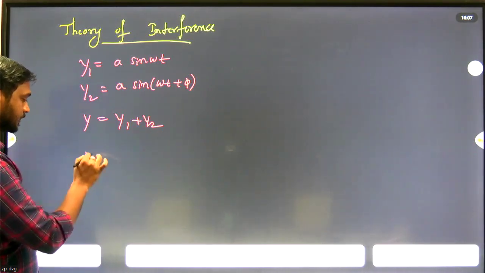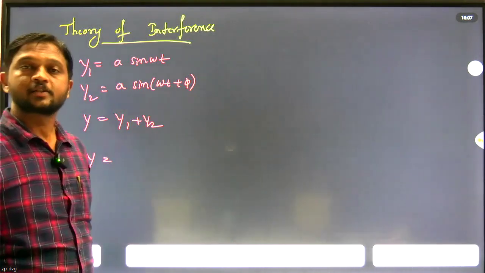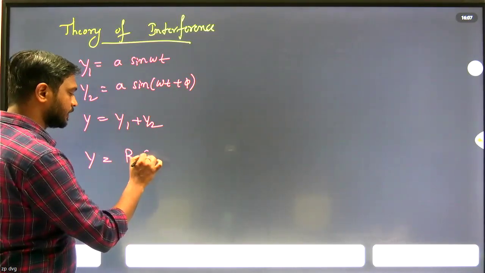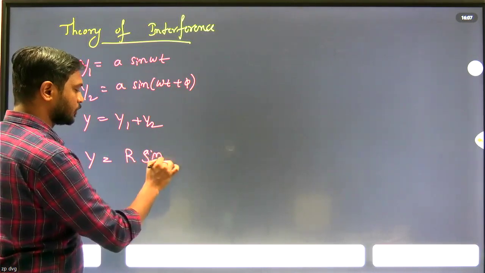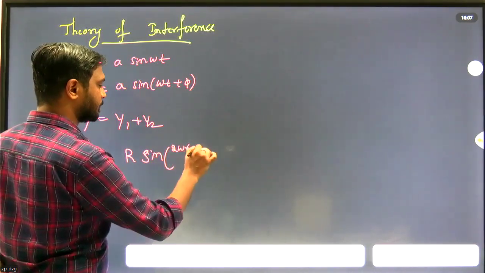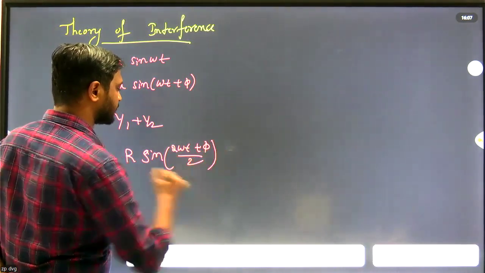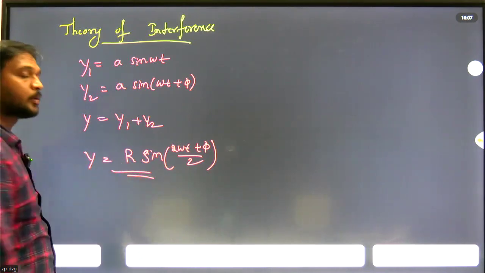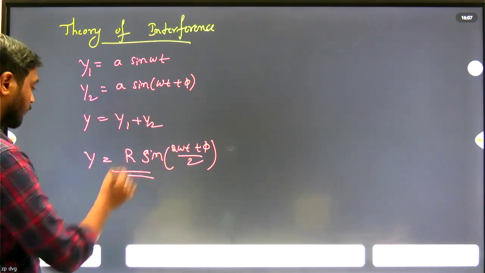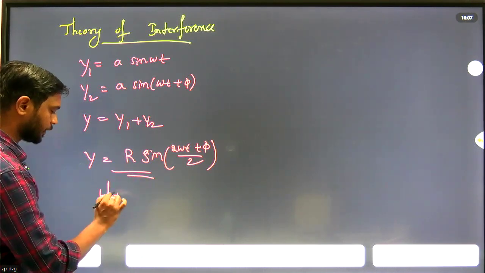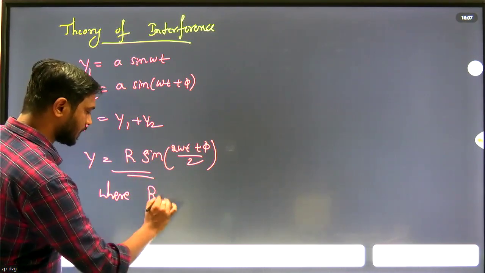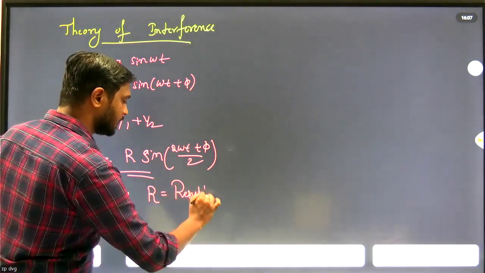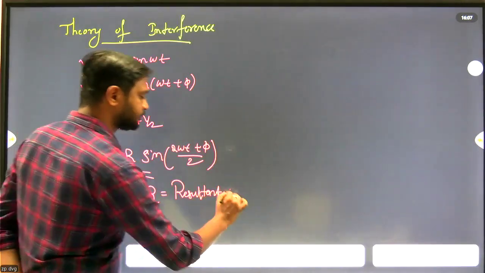The displacement equation for the resulting wave is R sin of omega t plus phi by 2. This is the displacement equation for the superposition of waves, where R means resultant amplitude.